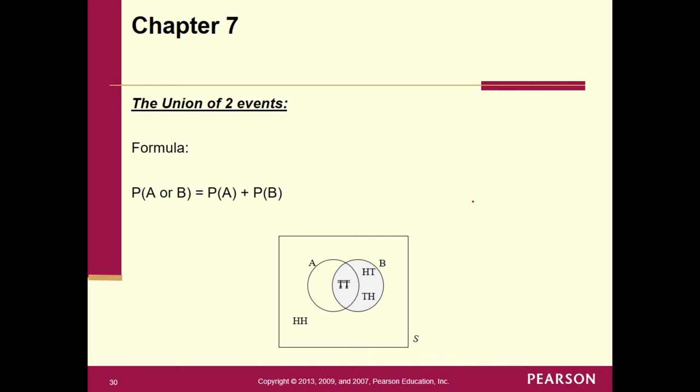Yep, the intersection. If it's been counted twice, we have to take it out once. And so the formula is the probability of A plus the probability of B minus the intersection between the two. Again, we're subtracting the intersection because it was counted twice.